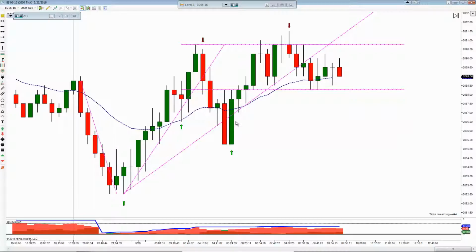This bullish bar here is actually another entry point. One tick above would be a second entry long off of this high.